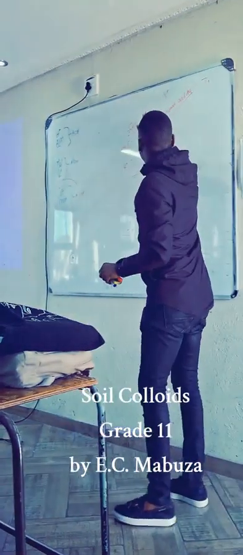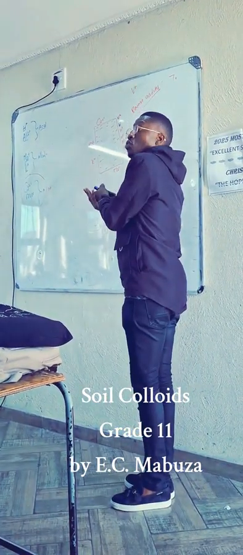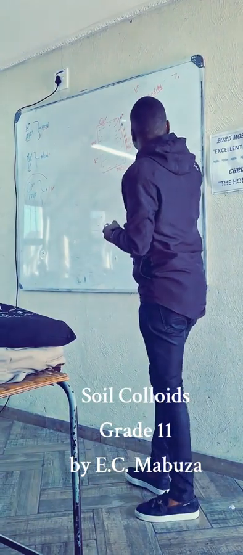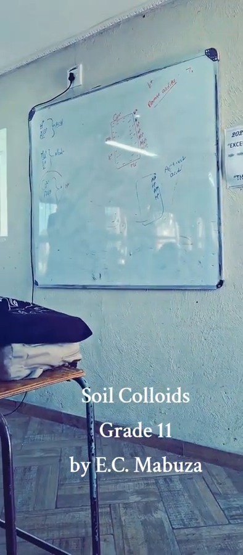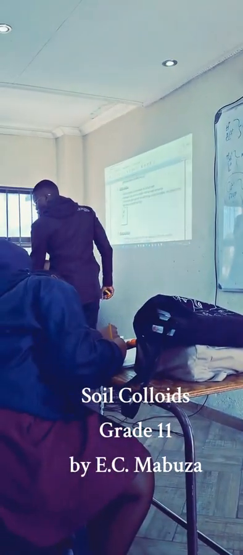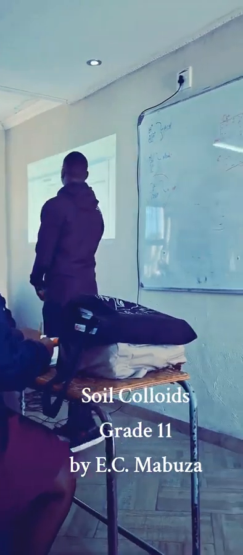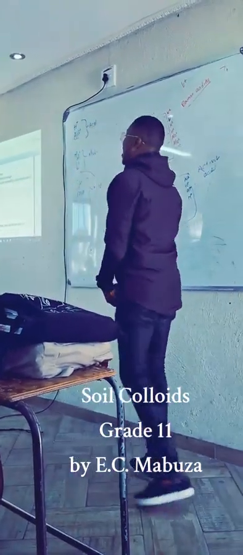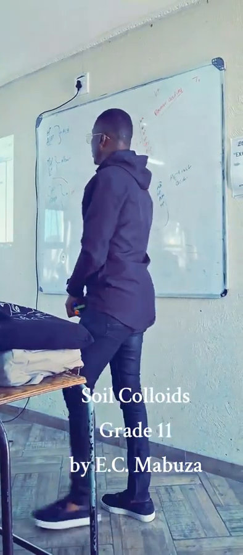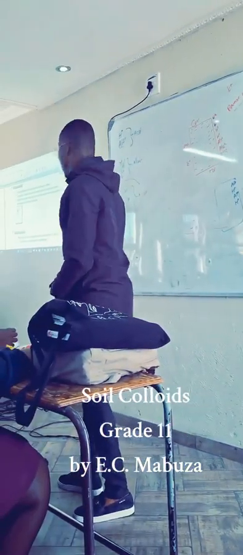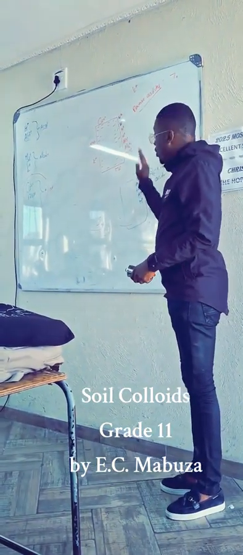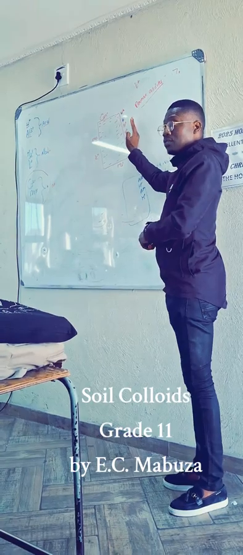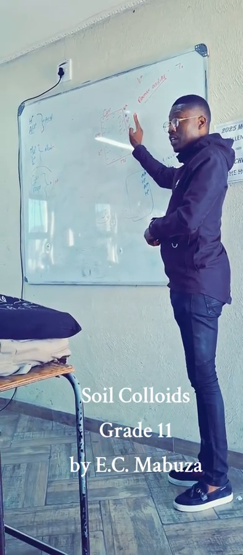But the active ones are part and parcel of the soil water. So the hydrogen and aluminium concentration is high in what? In the soil water. So it is now in the solution, not bound on the surface. Okay, we get it now.